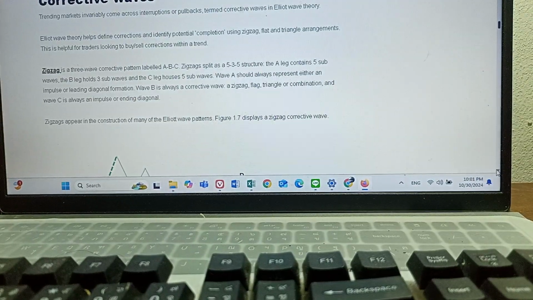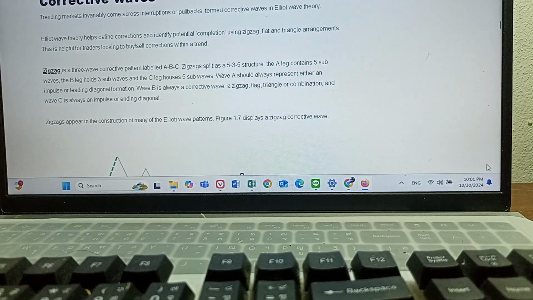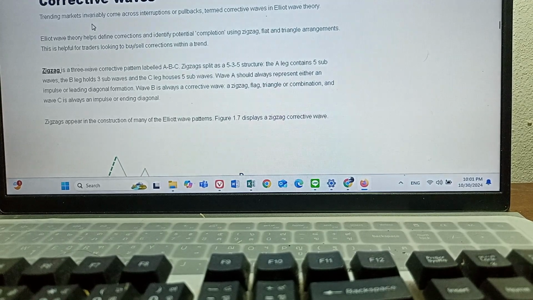Corrective waves. Trading markets invariably come across interruptions or pullbacks, termed corrective waves in Elliott Wave theory.